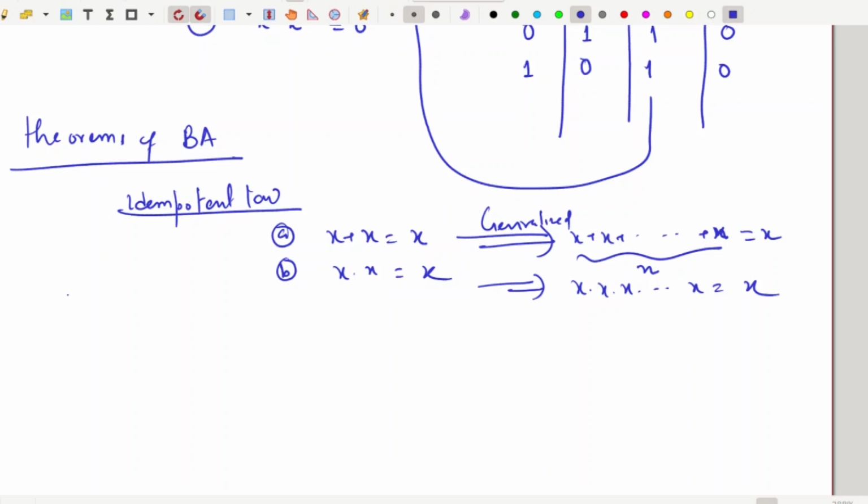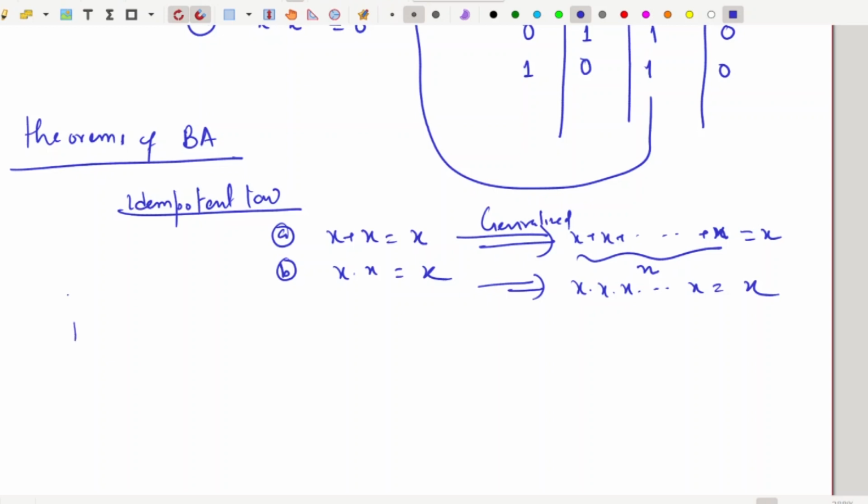Why? Suppose the value of x is equal to 2, 2 plus 2 is equal to 4, which is not the same as 2. So this is true only for Boolean algebra, in which there are only two possible values of each variable, either 0 or 1. How do we use the above postulates 1 to 6 for proving this theorem?